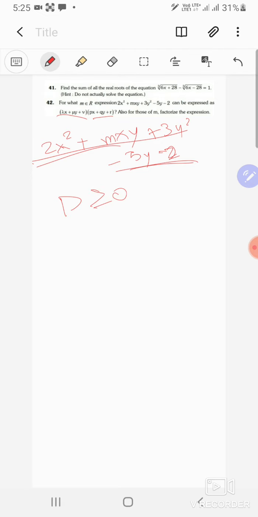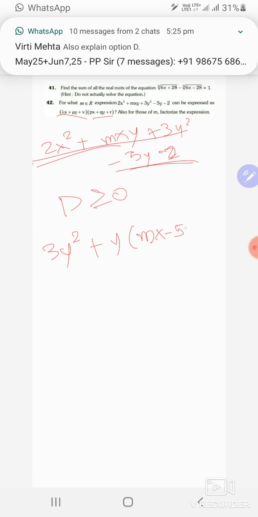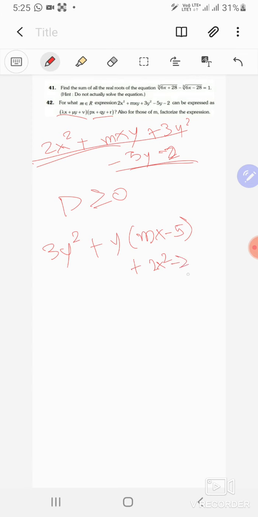If you view this as a quadratic in y, it gives me 3y squared plus y into mx minus 5, plus 2x squared minus 2. This expression has a discriminant greater than or equal to 0.